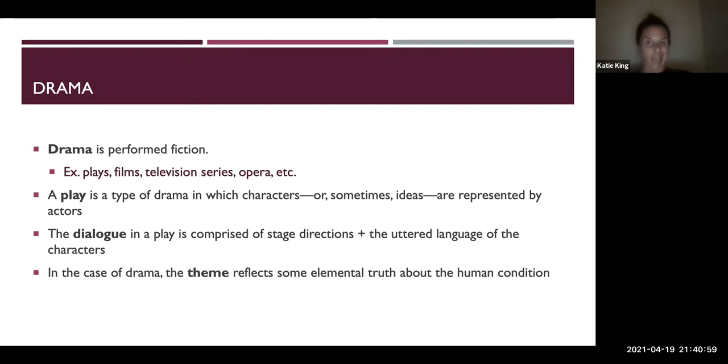So if that's the case, we have to consider what the director, what the writer is saying about the human condition by presenting these characters in such a way, by presenting this plot in such a way, by using these specific words in the ways that they are used, by having this imagery that you can literally see, not just on the page, but when you go see the play in front of you. Drama is meant to be consumed as a performance, right? Even more so than reading the playbill. But we're lit majors, so we're going to read instead of viewing.